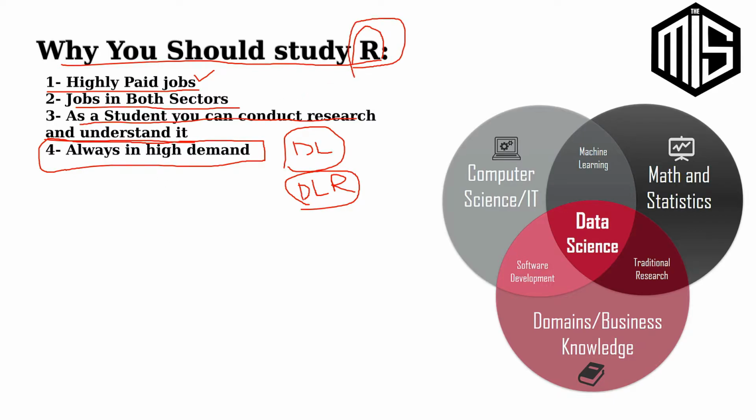Since my channel is all about data science and data analytics, you're going to end up learning R. I did start learning R, and then I started doing deep learning, so I went to Python. After I finished Python and my master's degree, I enrolled in a bootcamp.